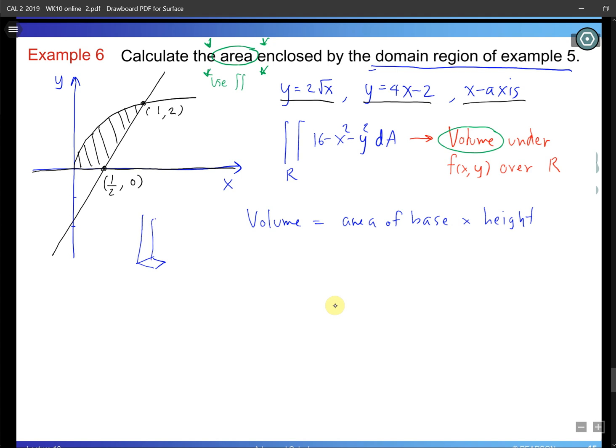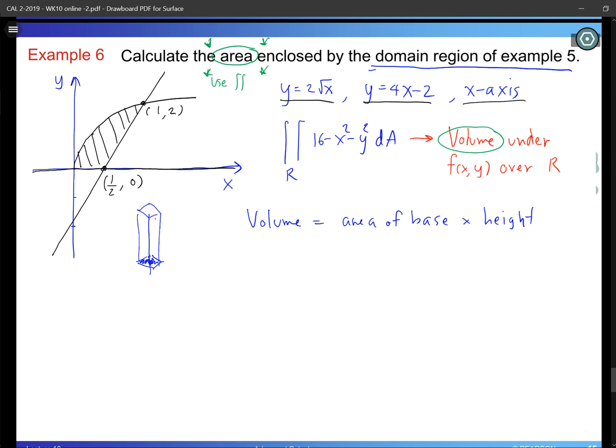We have the height, or this drawing is so bad. Okay, sorry about that. We have this area at the base, and then we have this height. Once the area times the height, you get the volume of this box. So that is what we know from high school.